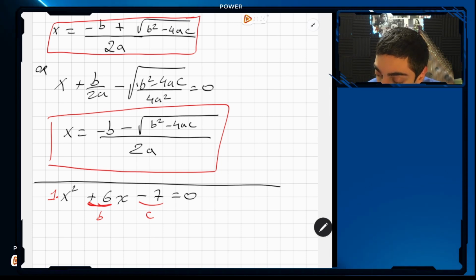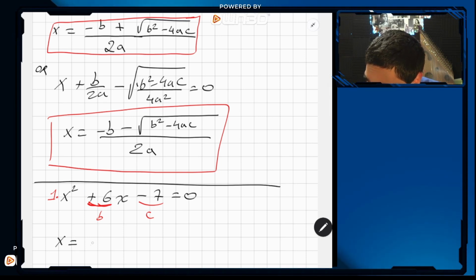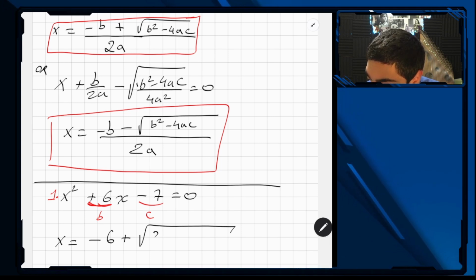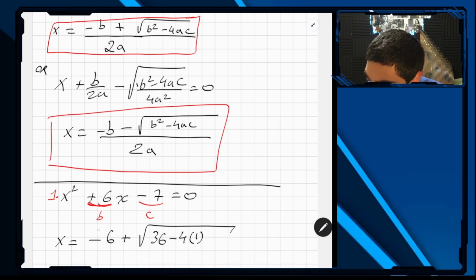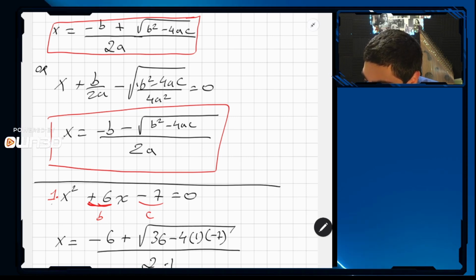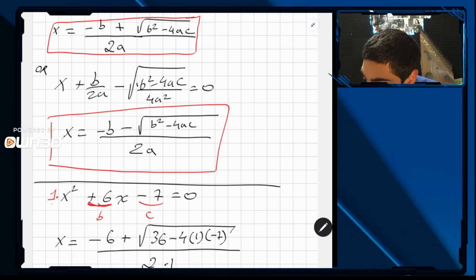Okay. Now, how do I use the formula? Well, I say x is equal to minus b. What's b? B is 6, so that's -6, plus the square root of b squared, that's 36, minus 4 into 1, which is a, and then -7, over 2a here, 2 times 1. And if you're lazy, you can pop it on the calculator.